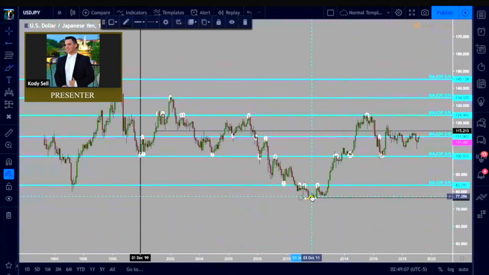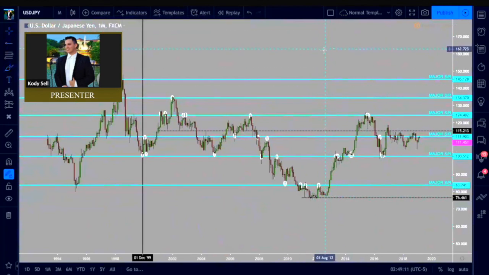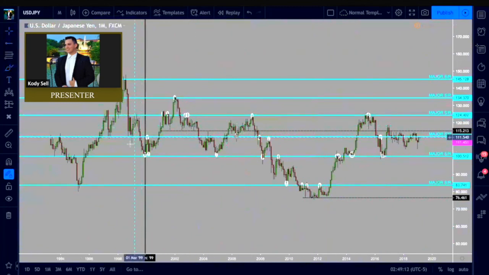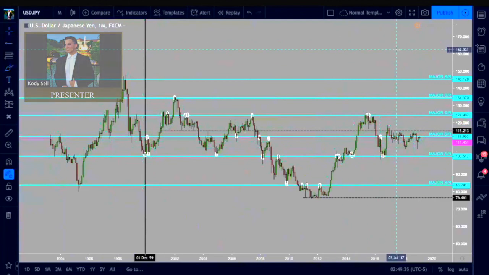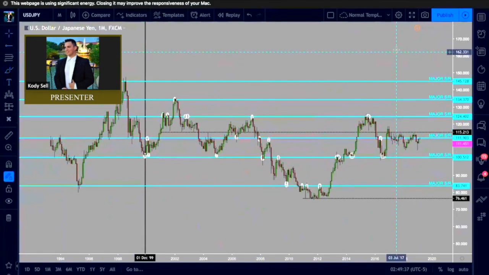How incredible was this? We marked up these lines from back here in 99. We were using information from 1993 to 1999, and we used it to trade successfully all the way up to current day 2019. 20 years of data followed these market principles of horizontal support and resistance.